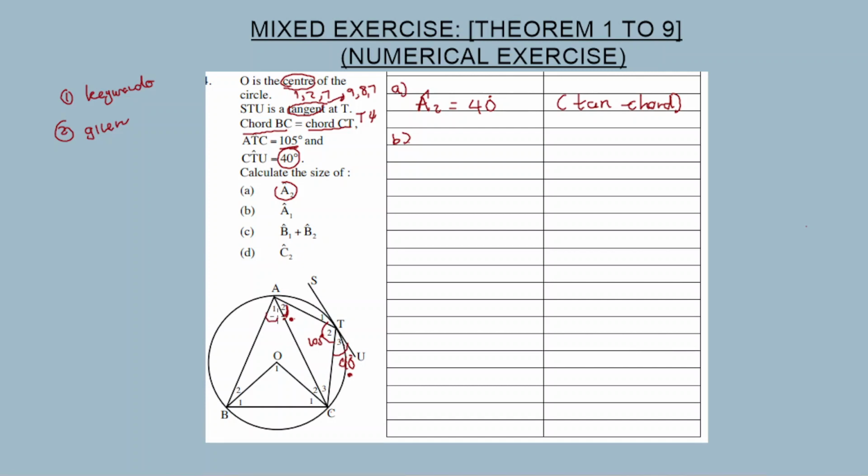Sifuna A1 ke manje. We want A1 ke now. A1, yizwa bathini la, chord BC, le chord le BC is equal to chord CT. Ngicela calculator le angle yala. This A2 is also equal to A1.